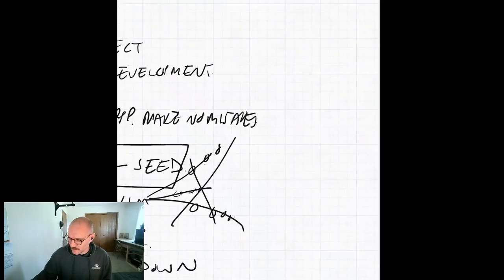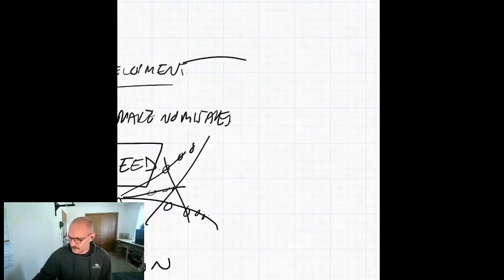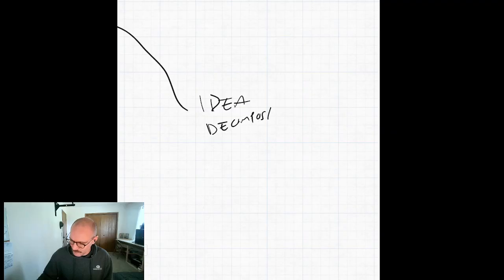So how do we go from project development to iterating on a seed? We have an idea. We decompose the idea. We bring it to the web UI.